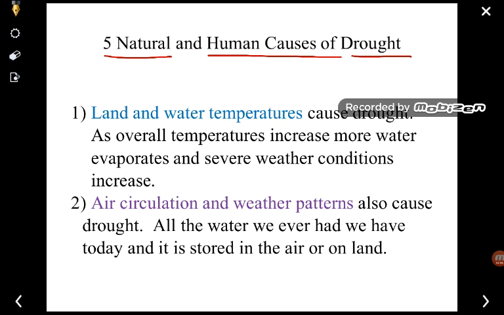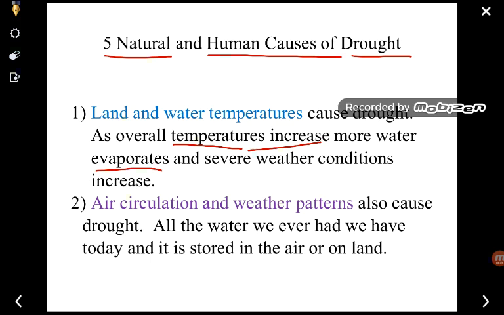In case of drought, as the overall temperature increases, more and more water evaporates and severe weather conditions result. So the land gets hot and hotter. As the temperature increases, more water gets evaporated, and because of this the drought takes place.